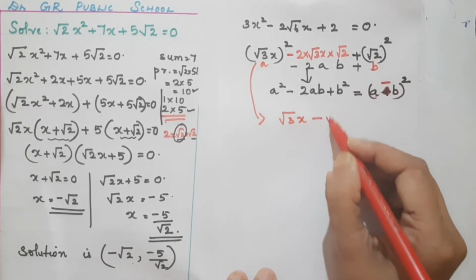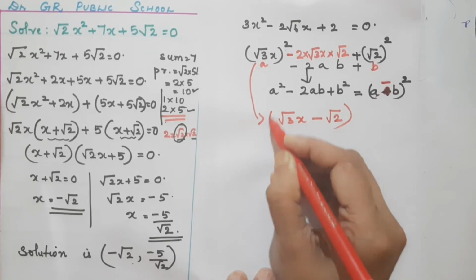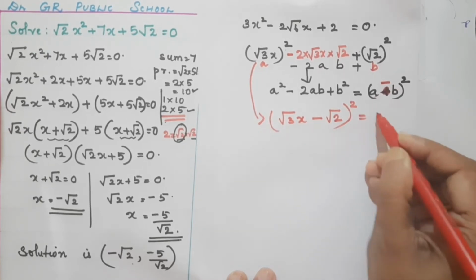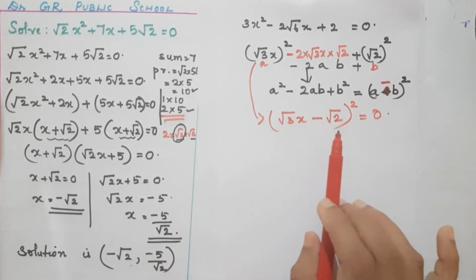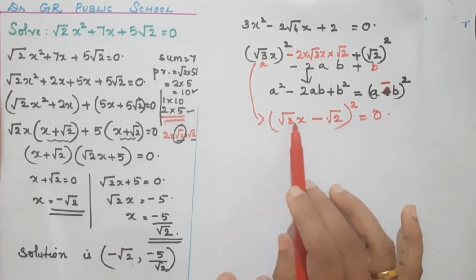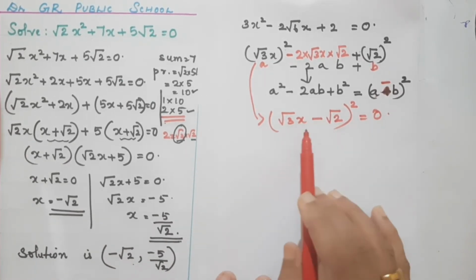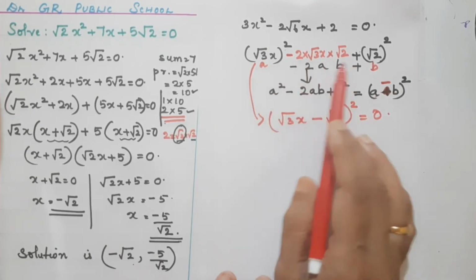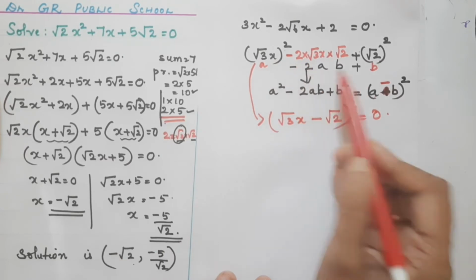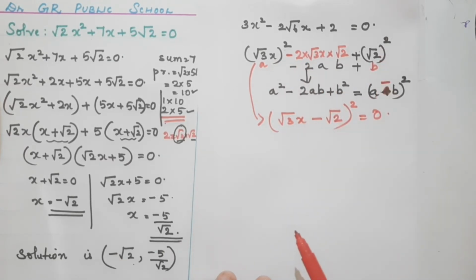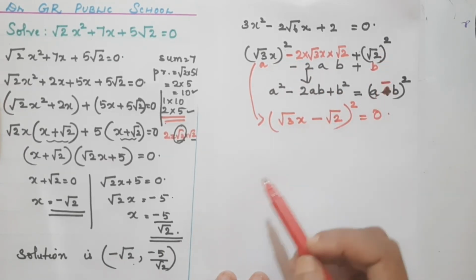B is root 2, the whole square equal to 0. Okay. Root 3x minus root 2 the whole square. A minus b the whole square, because the given polynomial is a square minus 2ab plus b square form.